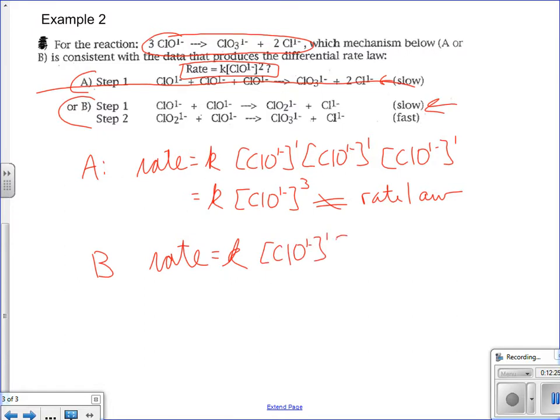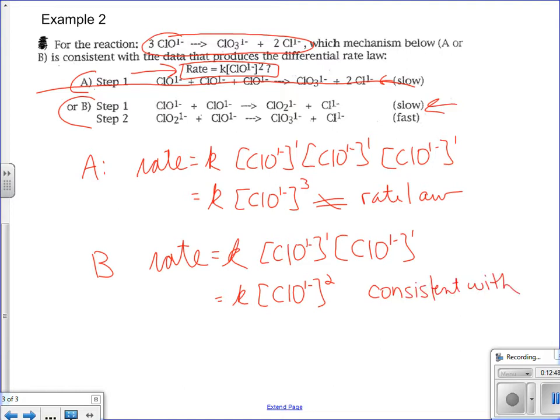ClO⁻ to the first power, ClO⁻ to the first power, which is K[ClO⁻] squared. And that is the rate law, right there. I have not proved that this mechanism is correct, but I have proved that it is consistent with the experimental rate law.